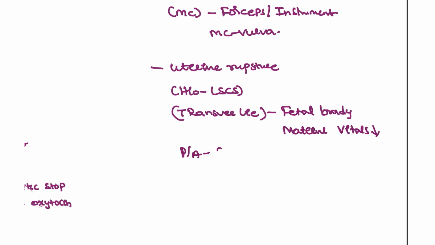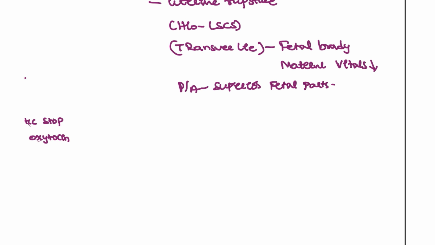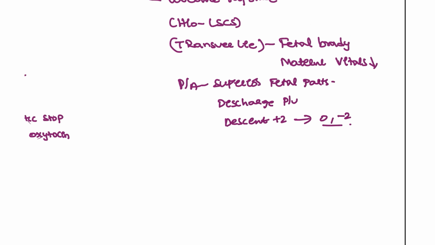Per abdomen, you feel the fetal parts superiorly, where we should feel the fundus. Per vaginal discharge will be seen, and the station, for example +2, will go back to 0 or -2. So this is uterine rupture.